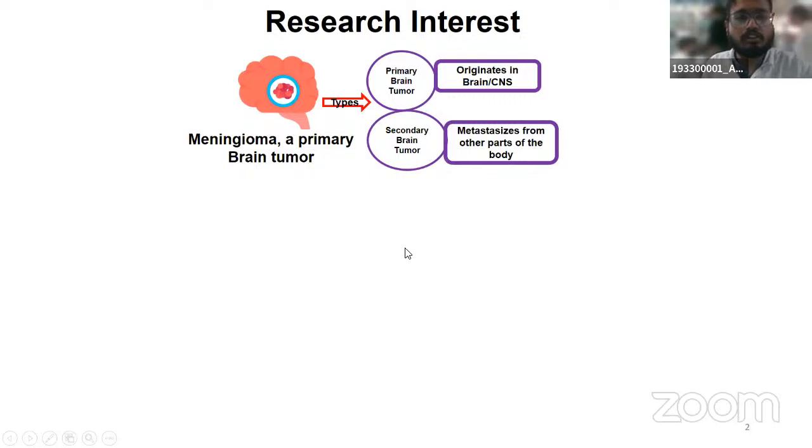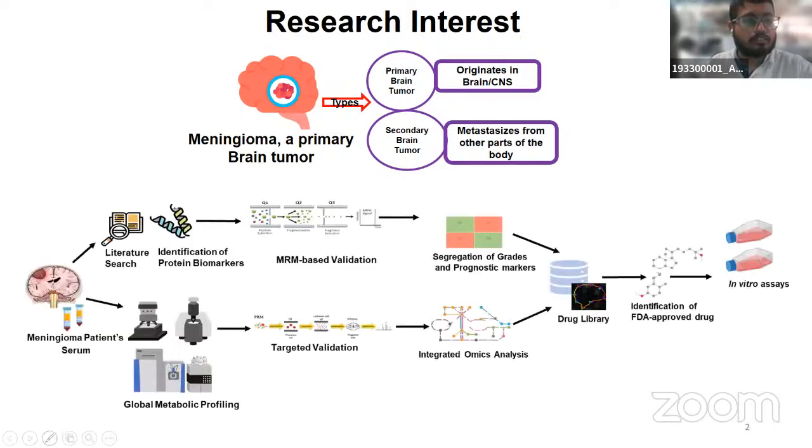So my research, as Ayushi mentioned, is on glioma and meningioma, which is one of the most commonly occurring brain tumors. It is a primary brain tumor which originates in the brain and central nervous system, and can also be metastasizing from elsewhere.